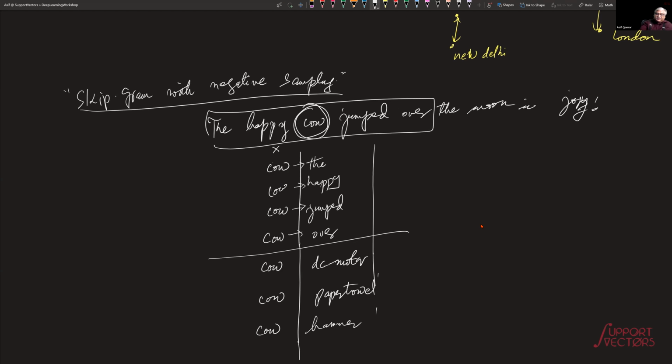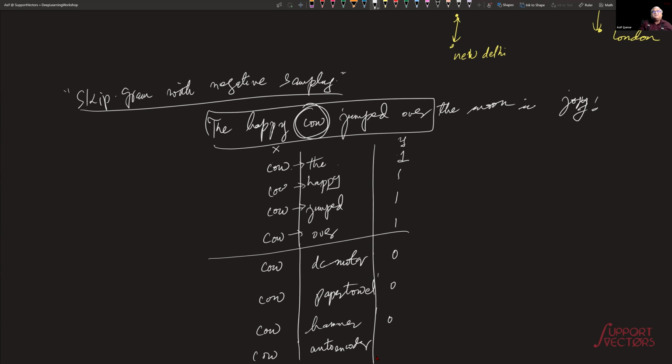And then what you do is you create a table. You say that my prediction should be this: cow does keep the company of the word the. So this is true, 1, 1, 1, 1, 0, 0, 0. And you throw in a lot of cow with random values from the vocabulary, right? So for example, take a very random word, for example, autoencoder.